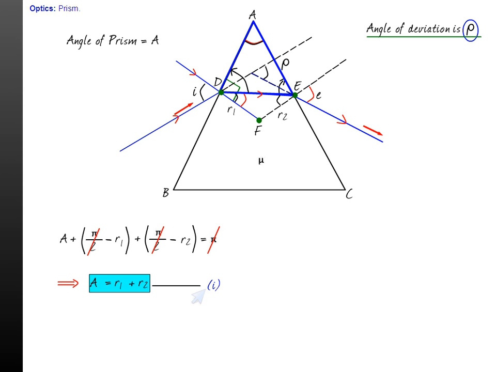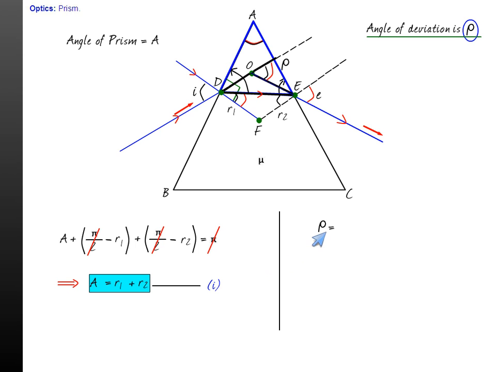Now further friends, if I call this point O, and if you take the triangle ODE, triangle ODE, then this angle rho is the exterior angle of the triangle.